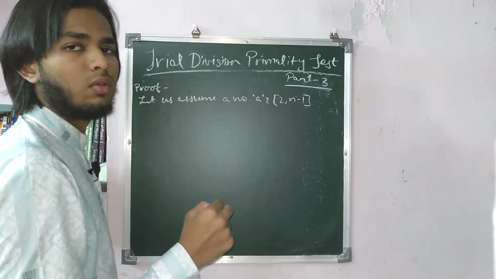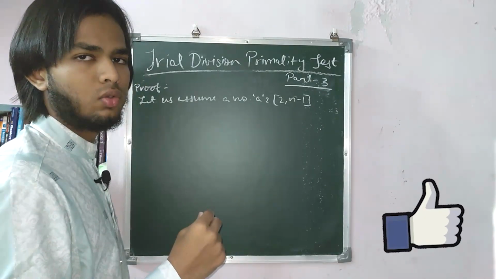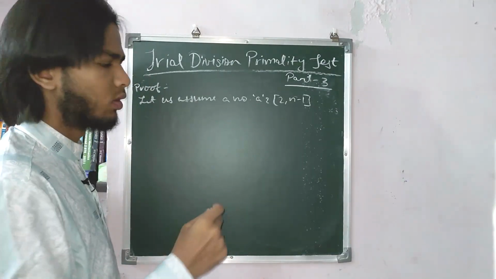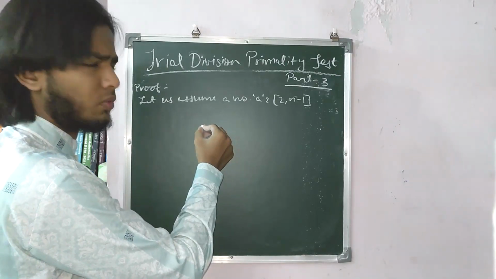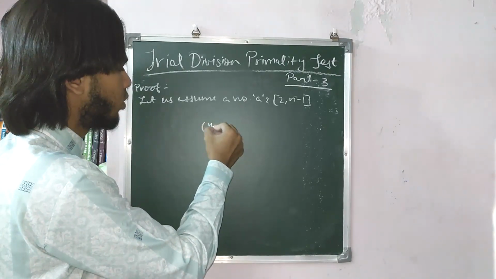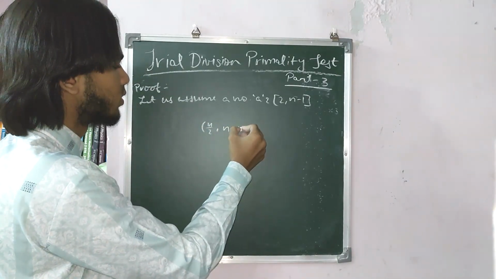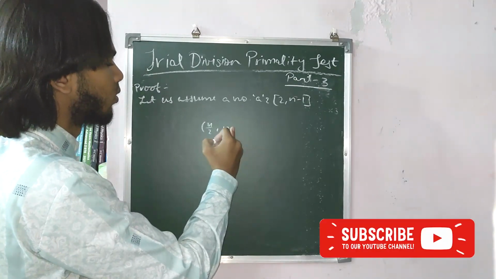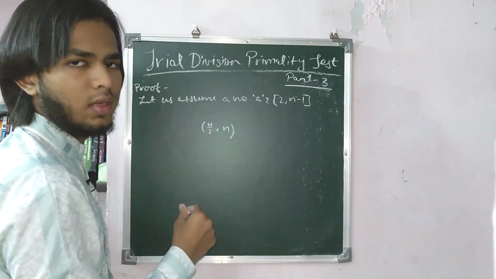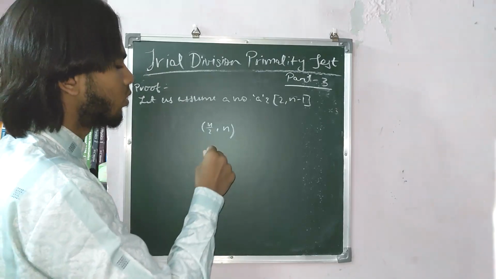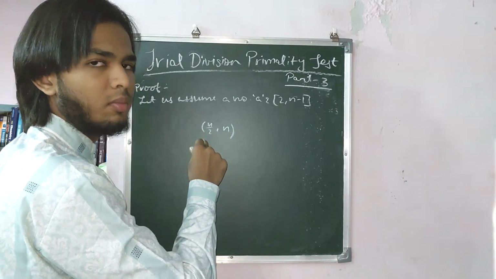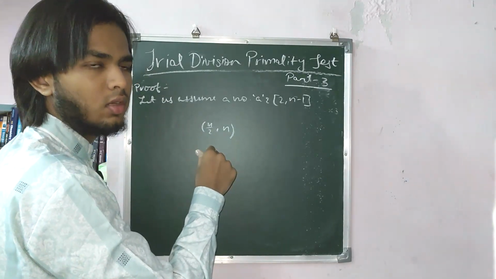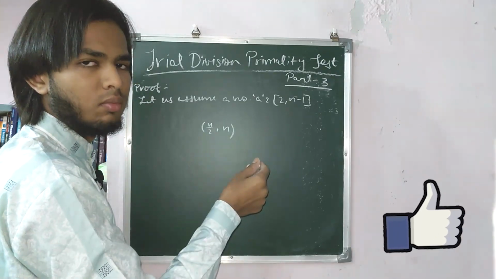But since I have told you in part 2 that there will not be a factor in the range of n by 2 up till n. So we know that from n by 2 up till n, there will be no factor of any given number.